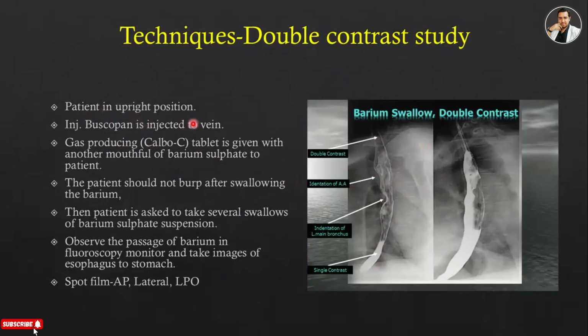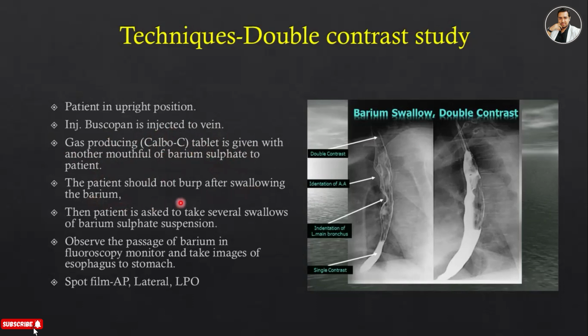So with the patient in upright position, injection Buscopan is injected. This Buscopan is injected to reduce the function of the esophagus, and a gas producing tablet is given in another mouthful of barium sulfate to the patient. So for producing gas, a calcium tablet is used and is given to the patient, and the patient should not burp after swallowing the barium.